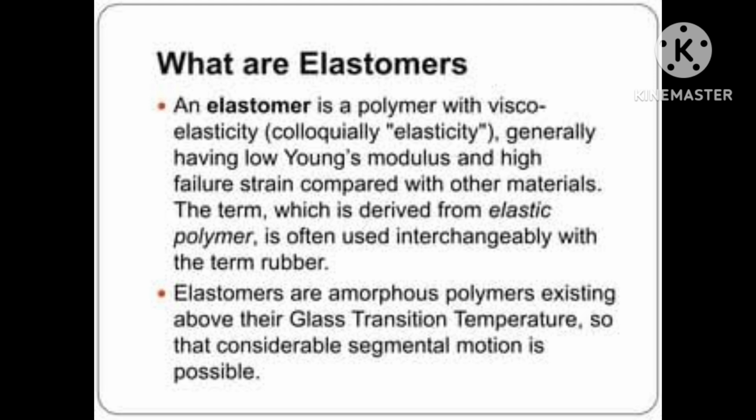Elastomers is the first one. The question is asked: what are elastomers, and what are their characteristics? Elastomers are rubber-like solids with elastic properties.